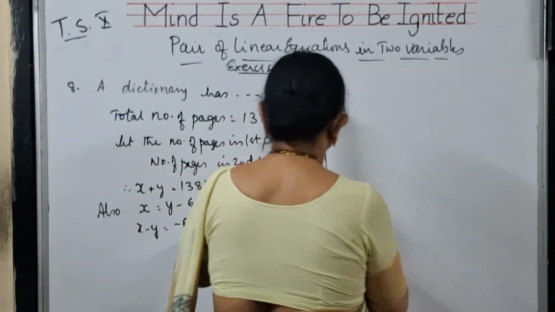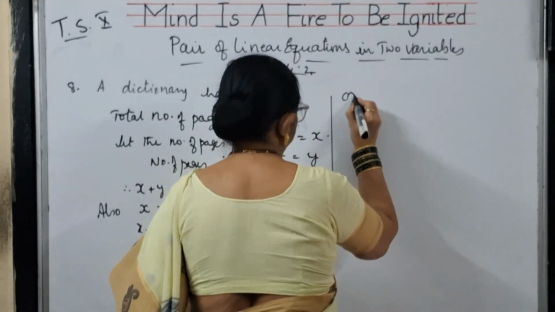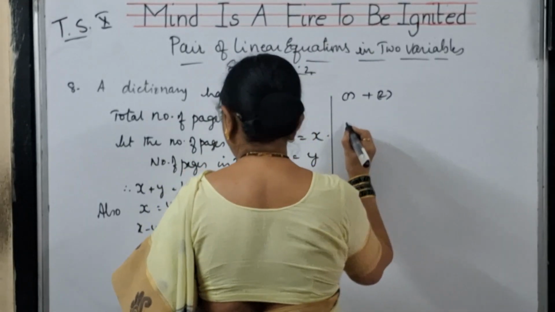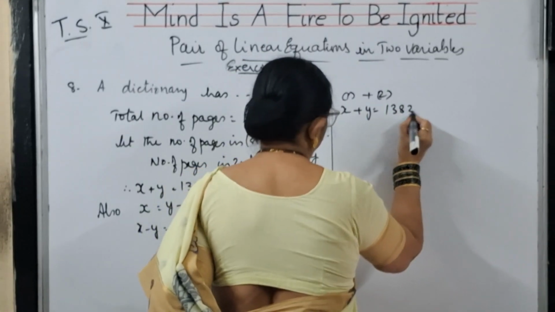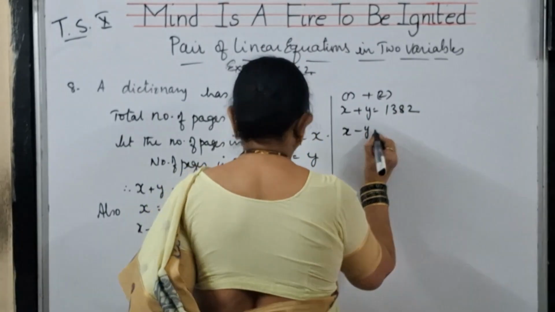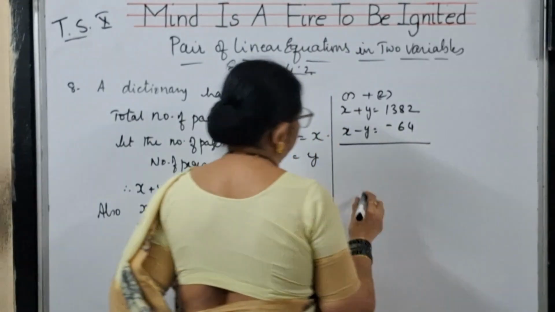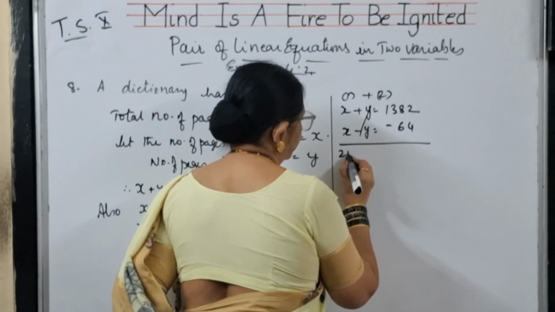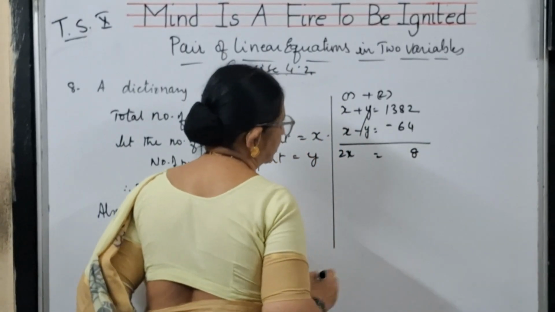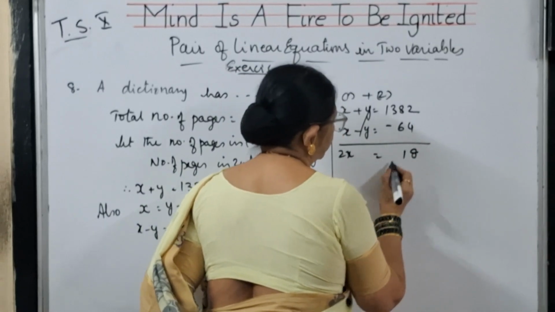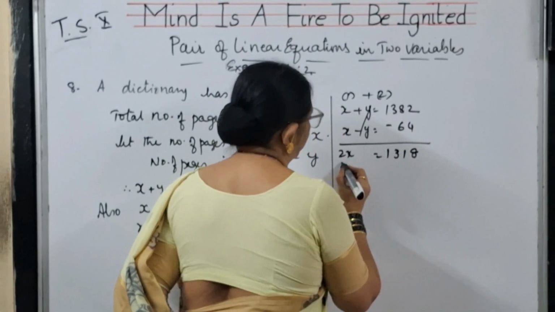So let me add first equation and second equation. X plus y is equal to 1382. X minus y is equal to minus 64. So when I add it, these two will get cancelled. 2x is equal to, here I'll be getting 8, 7 minus 6, 1, 3, and then 1, 1, 3, 1, 8.